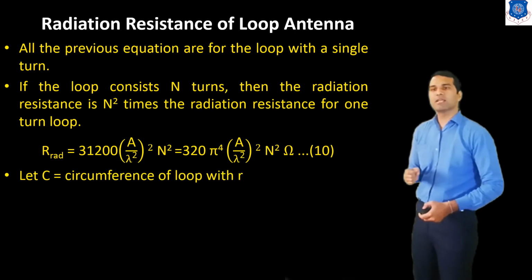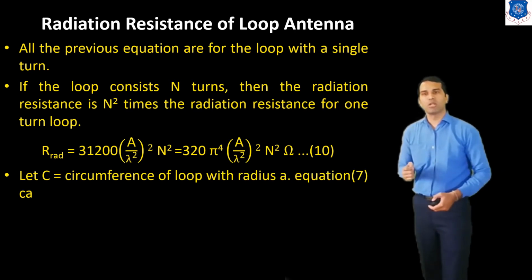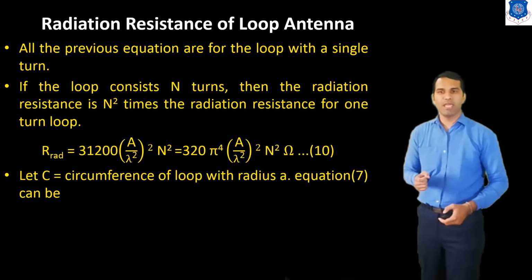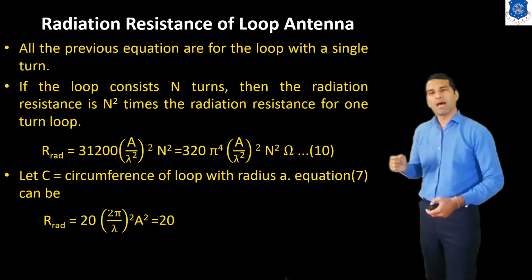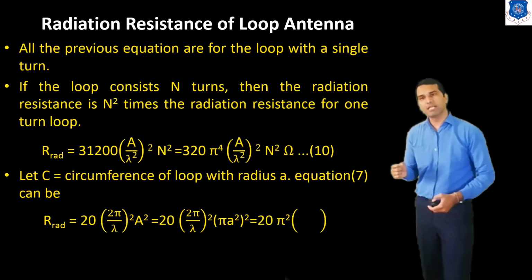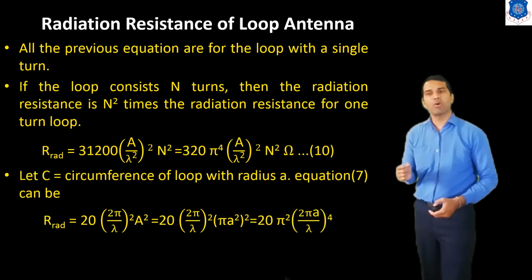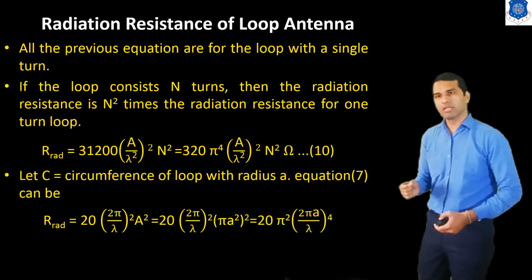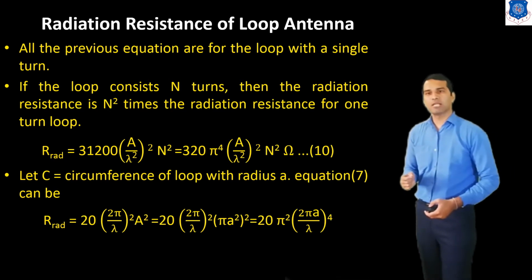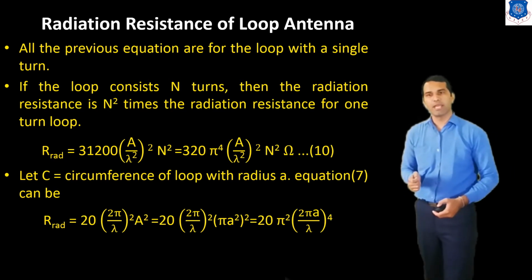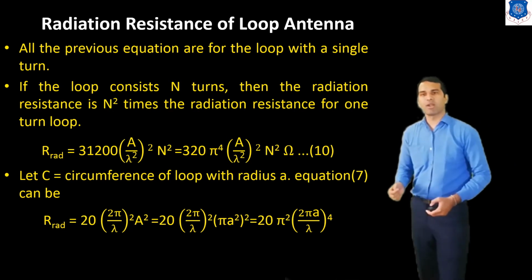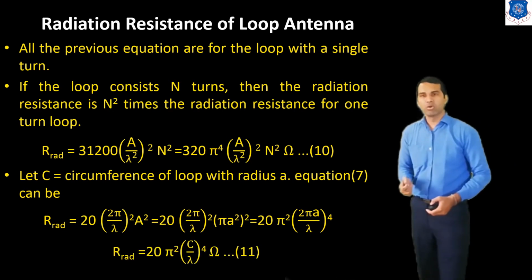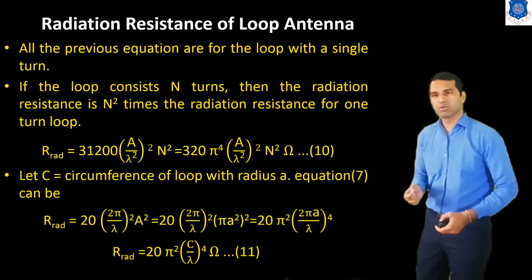Now let me consider C is the circumference of the loop with a radius a. Equation number 7 can be written as R radiate is equal to 20 (2 pi by lambda) into A square. So here we know that A is nothing but pi into a square. So lastly we can write the radiation resistance equal to 20 pi square (2 pi a upon lambda) raised to 4.